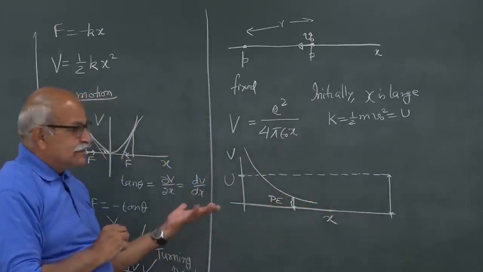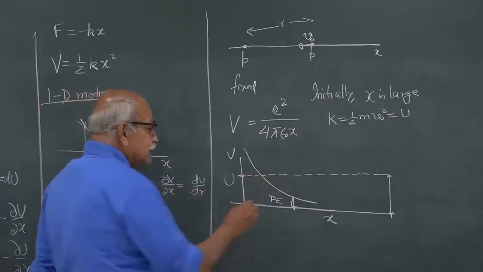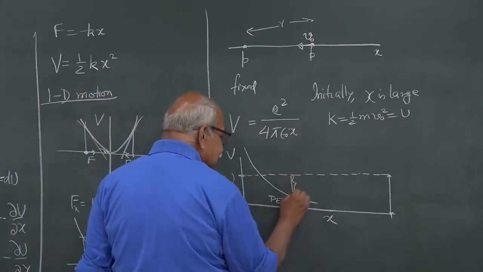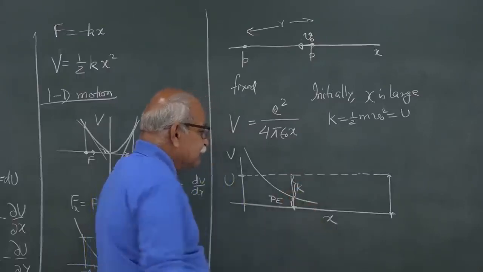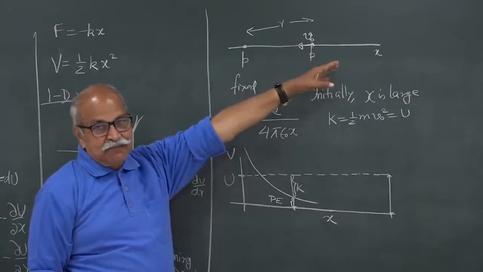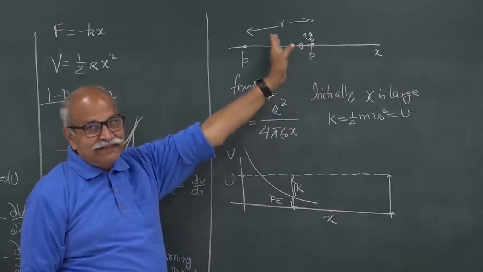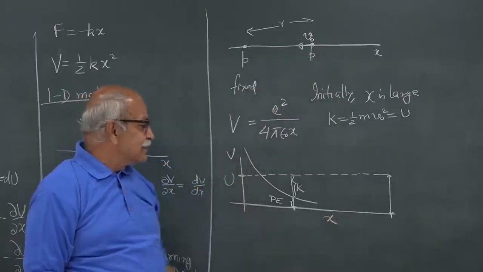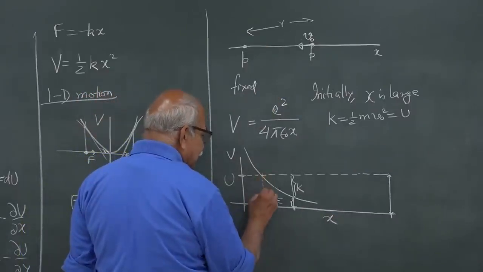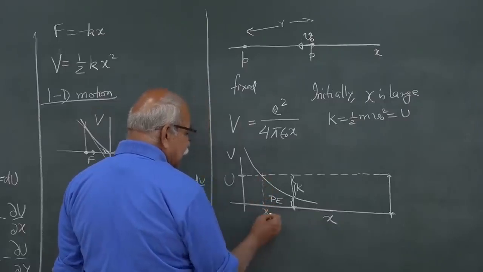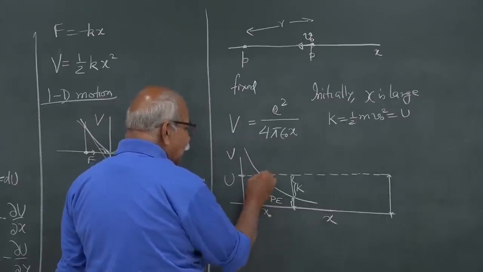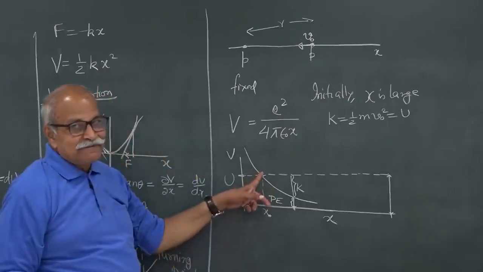So, this is potential energy, total energy is fixed, and therefore this much is the kinetic energy. It has decreased, right, because it is repelling. So the speed will decrease, kinetic energy will decrease, and the particle comes to some x naught, and then you are on the curve, reaching this point.